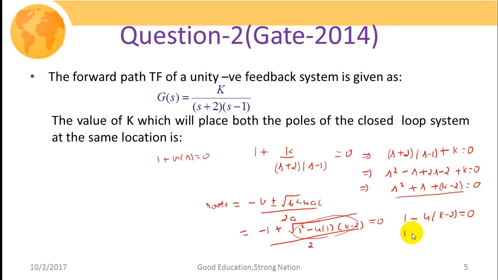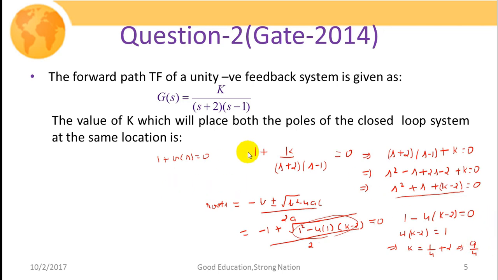It means 4 times (K minus 2) will be equal to 1. It implies K is equal to 1 by 4 plus 2, which gives us the value 9 by 4.